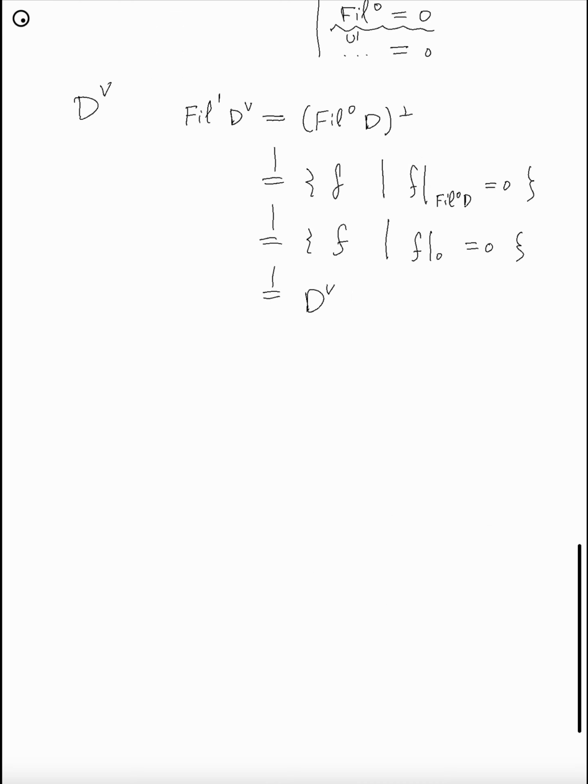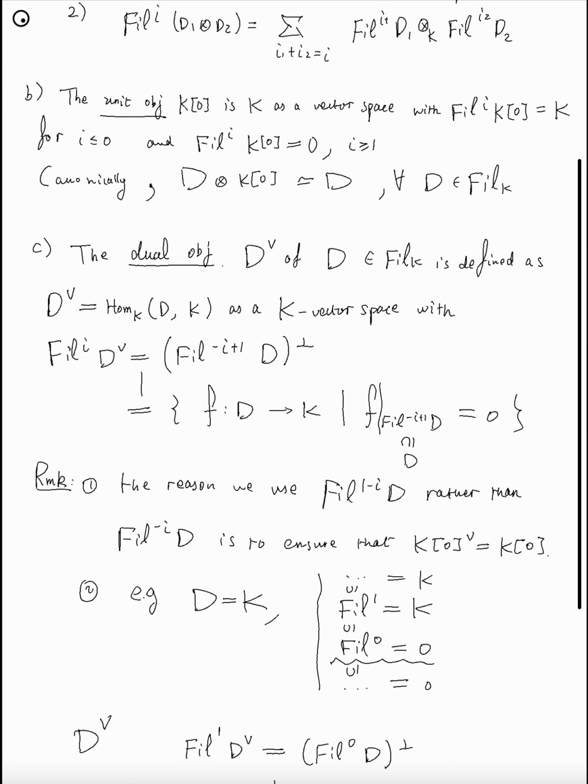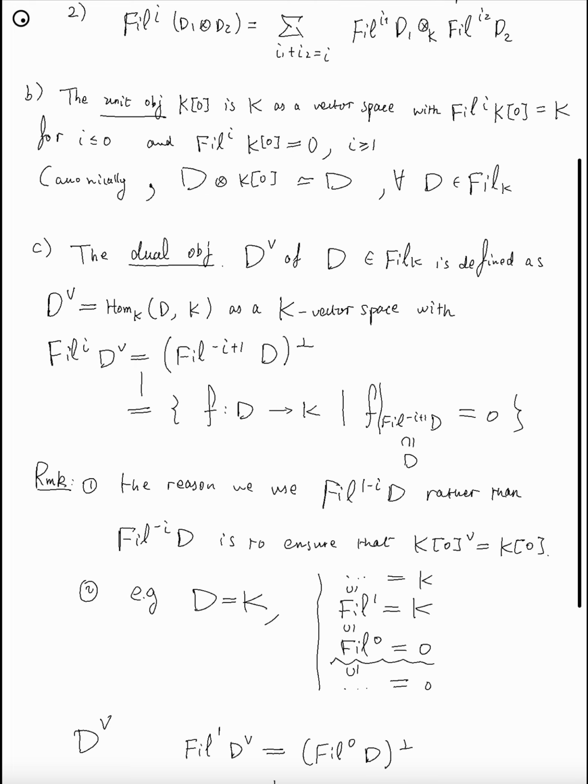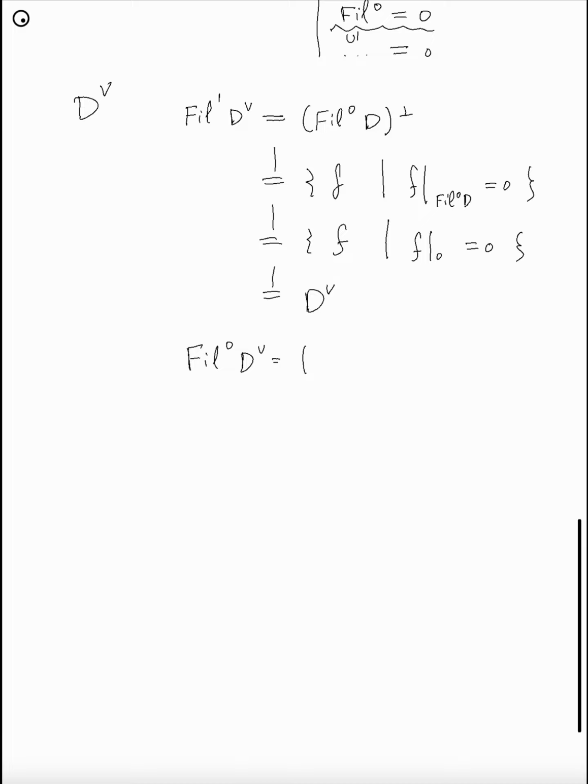Now let's look at Fill^0 of the dual. By the formula it's -I+1, or 1-I. Fill^1 of D orthogonal consists of those f such that f restricted to Fill^1 of D is 0.